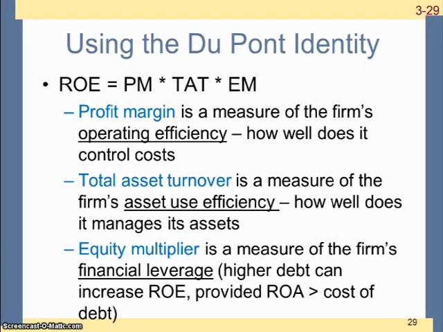For example, if a company has an ROE of 20%, this would seem to be doing well, but this figure may be misleading. It may be marginally profitable, meaning low profit margin, and highly leveraged, meaning high equity multiplier. Because profit margin is low and equity multiplier is high, when they are multiplied it is balanced.